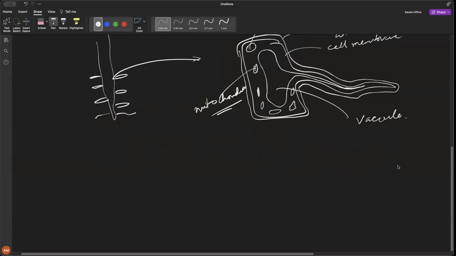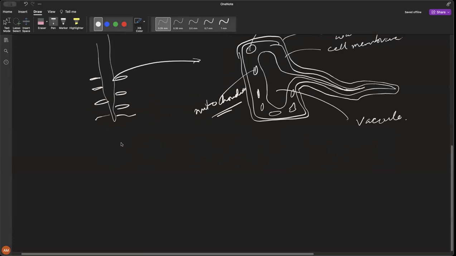So there are a few things that we have to keep in mind: how the entry of water takes place.